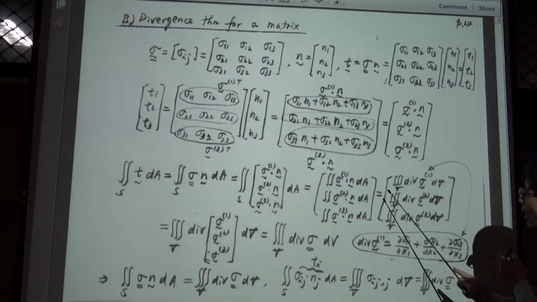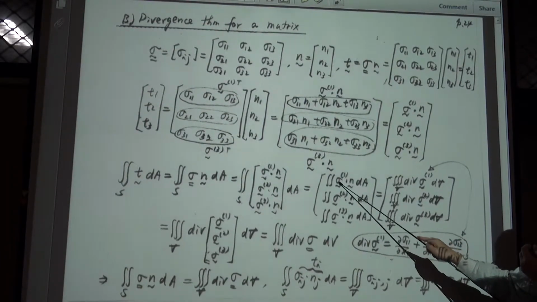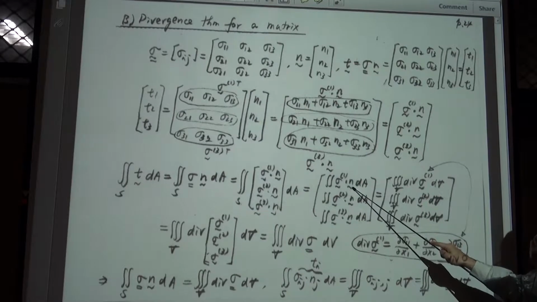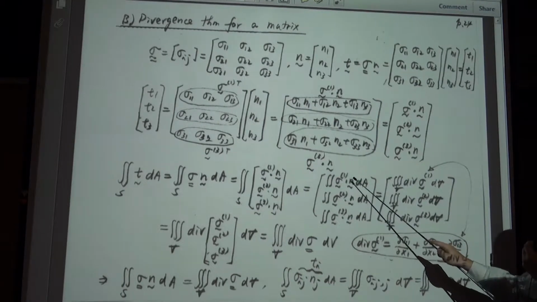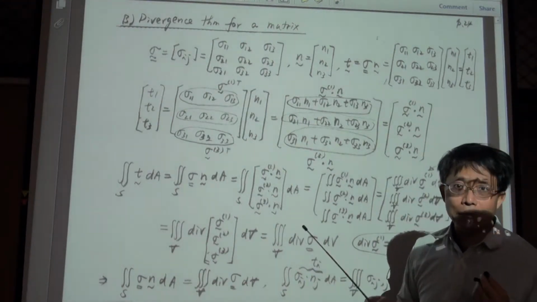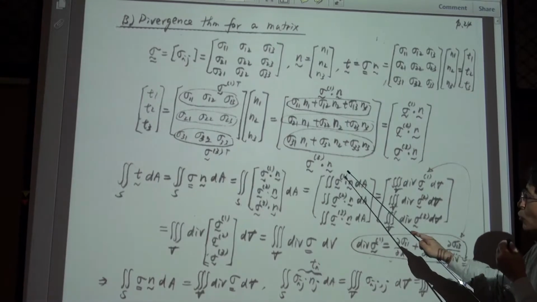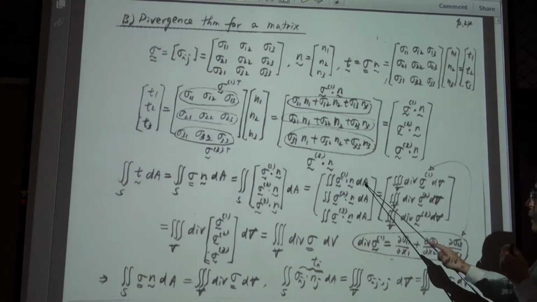Okay, and now for this term, this is a vector. Understand, this is a vector. This is a unit outer normal. So we can apply the divergence theorem for a vector directly. This is the u vector. Take it as u.